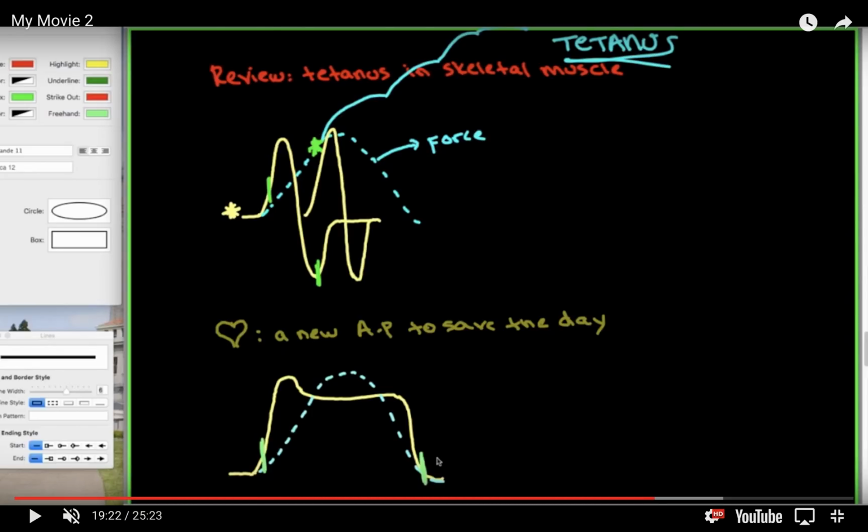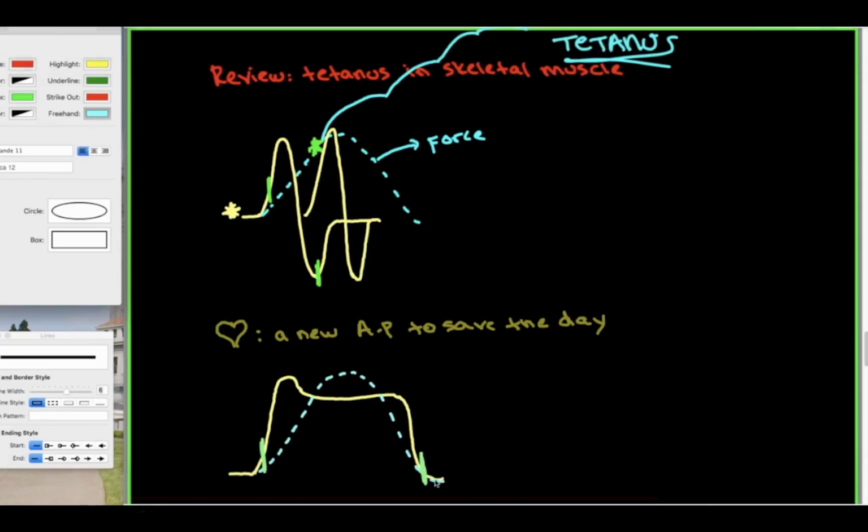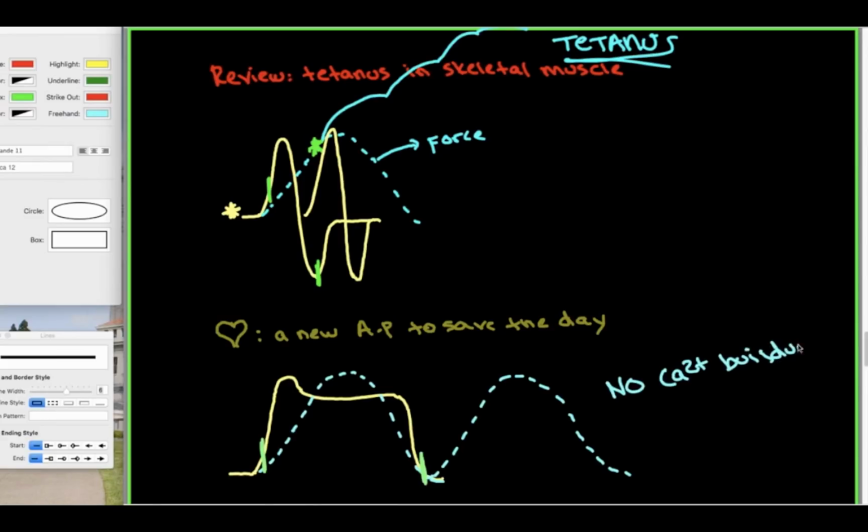It'll always contract, but then relax. Contract, and then relax. So no matter how many times I stimulate this muscle or try to stimulate it, it just simply cannot experience tetanus. So if I stimulate it again, it's going to look exactly the same like the first one. There's going to be no buildup in force, no buildup in calcium, and therefore no tetanus.